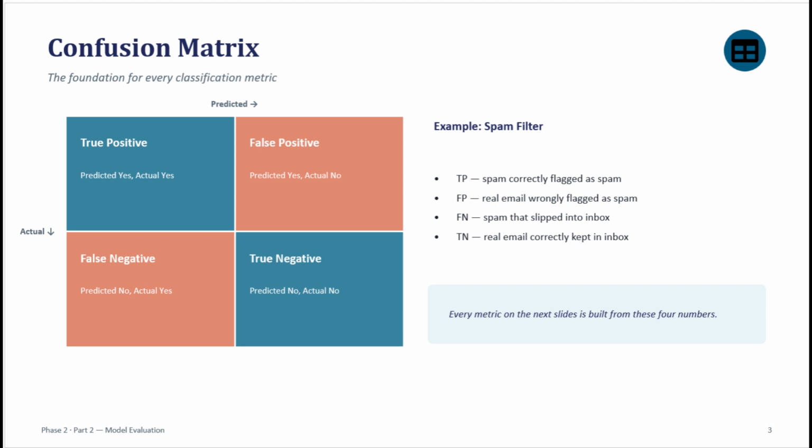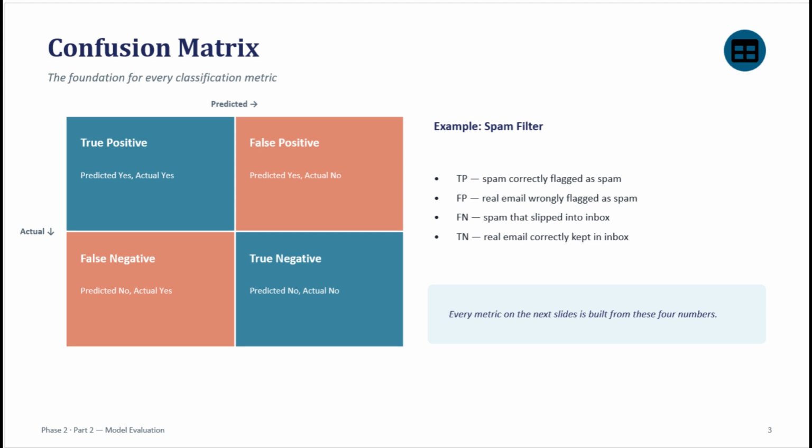The model predicted yes, but the actual answer was no. This is also known as a false alarm. Third, false negative. The model predicted no, but it should have predicted yes. In other words, it missed something important. Finally, true negative. The model predicted no, and the actual answer was also no.